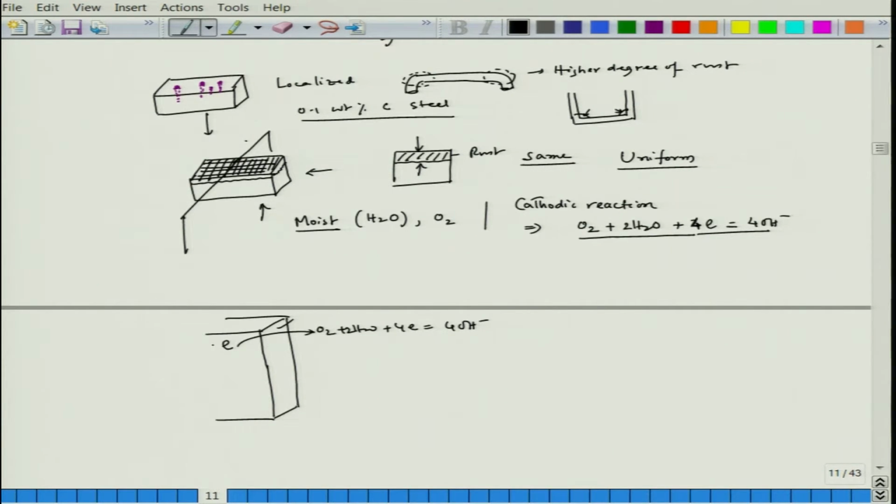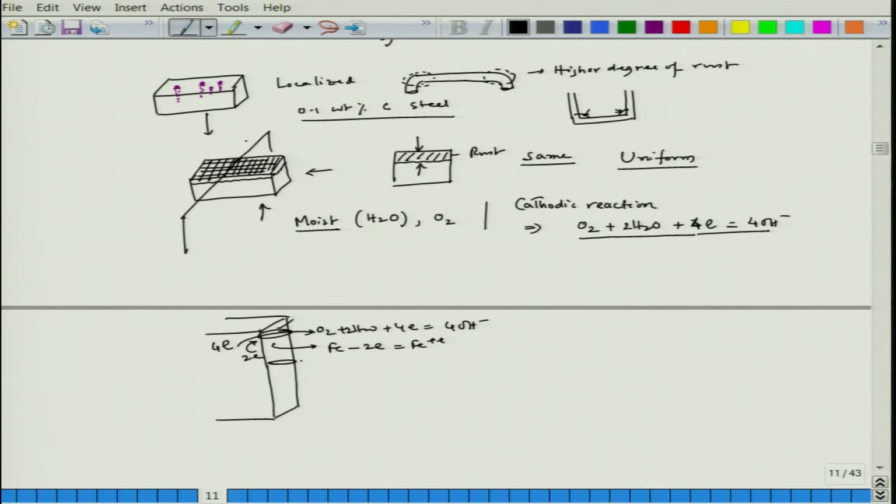Now, these 4 electrons need to be supplied to this segment. That supply would come from the surrounding, where iron would release 2 electrons, then form Fe2+, and these 2 electrons will go to the cathodic side.